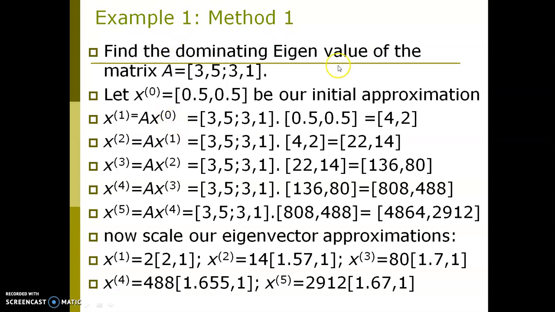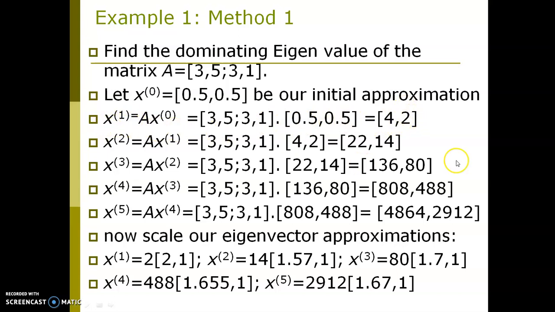This is the example to explain this method. Find the dominant eigenvalue of the matrix 3, 5, 3, 1. Now let us take x0 as 0.5, 0.5 as the initial approximation. To begin with, we multiply it with A and we obtain 3 into 0.5 plus 5 into 0.5, which makes it 4, and 3 into 0.5 plus 1 into 0.5 makes it 2.